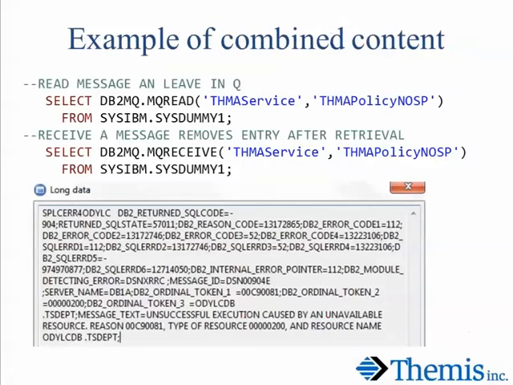Now, if you want to test it to see what goes out there for an error, and this was a -904 resource unavailable, I wanted to put out in the queue. What I did is, for testing purposes, I went out and did a read of my MQ series queue, and I did this in Data Studio. It was the easy way.